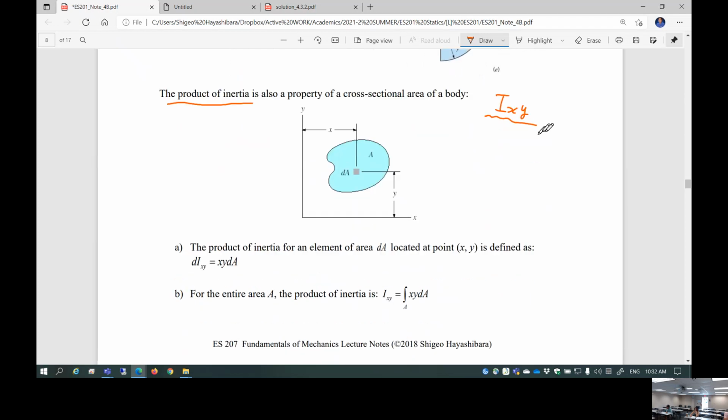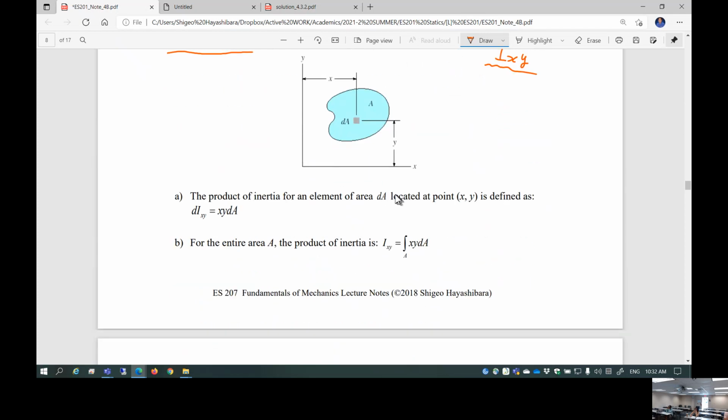Okay, so the product of inertia of an element of the area dA is essentially how much distance x or y away from each coordinate, multiplied together. And this is called the product of inertia. So remember, moment of inertia Ix is equal to the integral over the area of y squared dA.